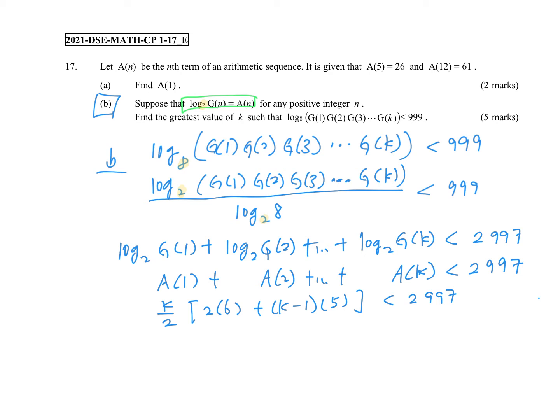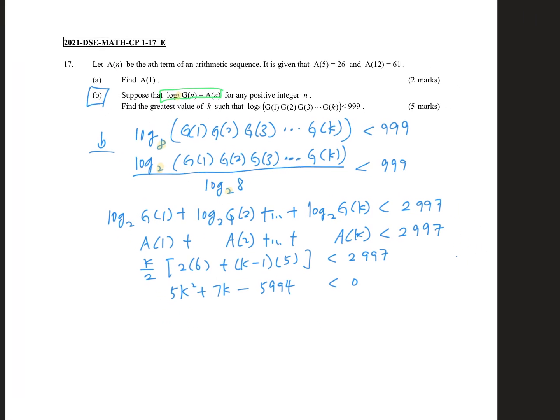We multiply both sides by 2, multiply the k inside the square brackets as well, and rewrite the whole inequality into the general form of a quadratic inequality. So that would be 5k squared plus 7k minus 5,994 less than 0.